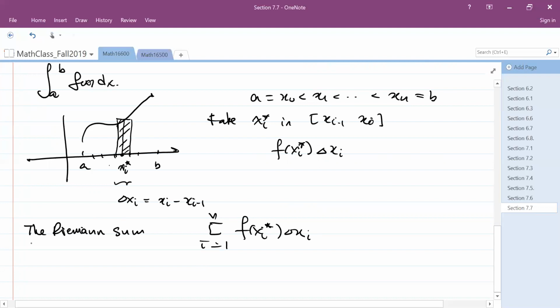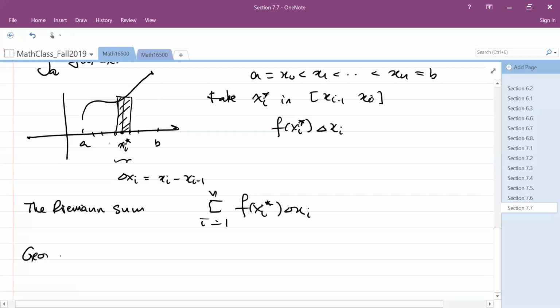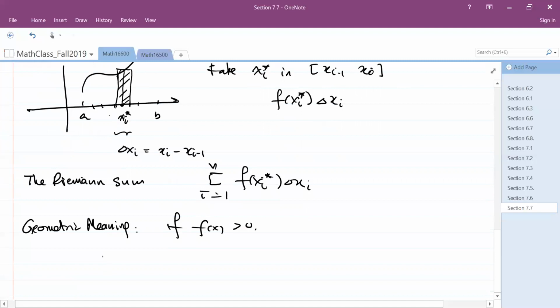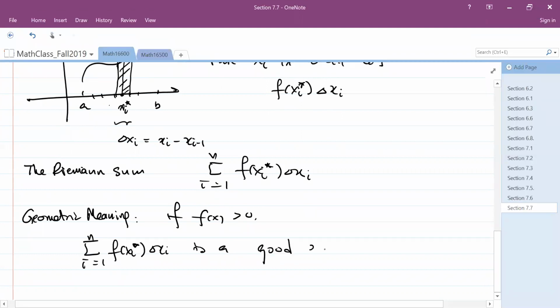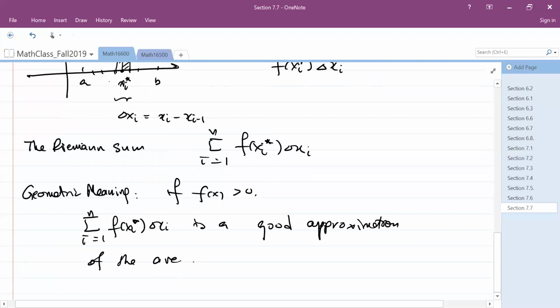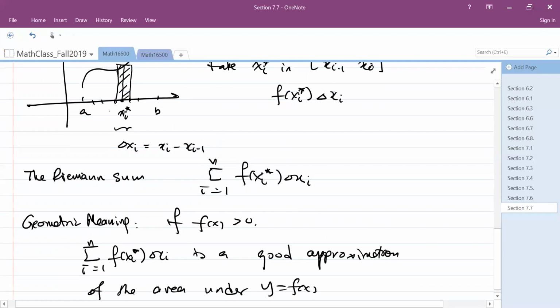So the geometric meaning of the Riemann sum: if f of x is positive, then the Riemann sum is a good approximation of the area under the graph y equals f of x, because the region is covered by those rectangles.